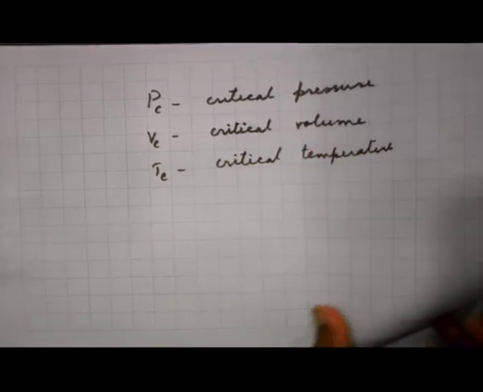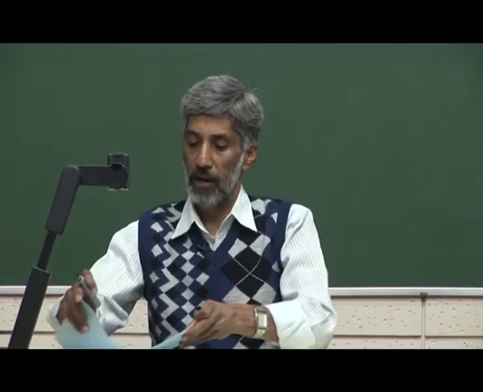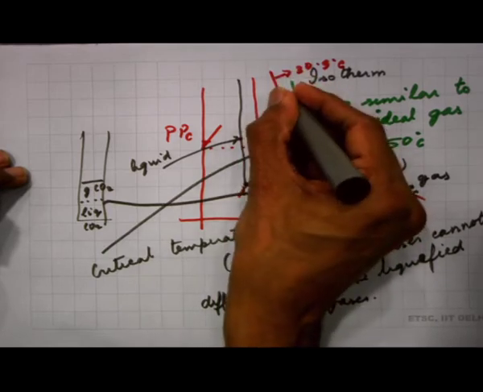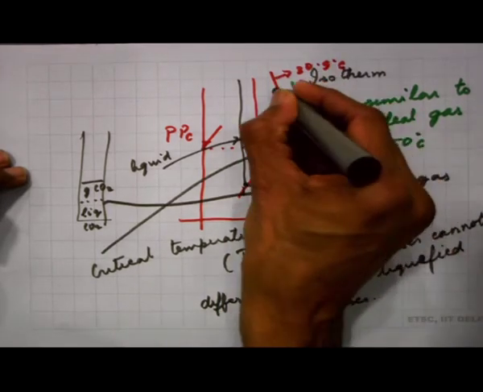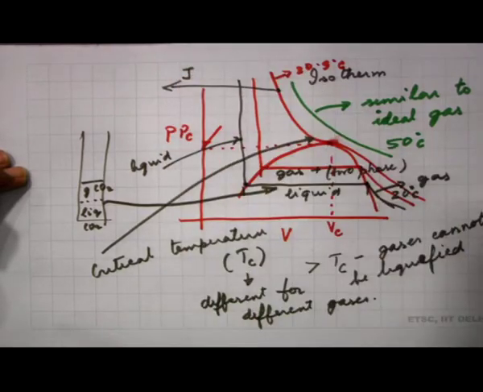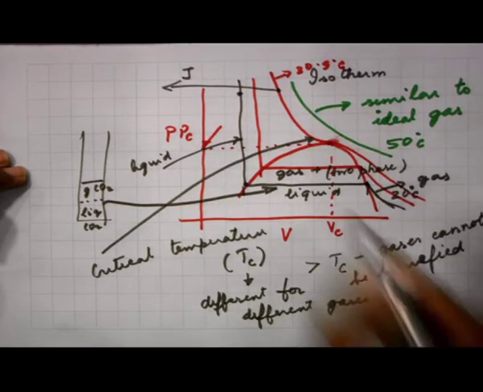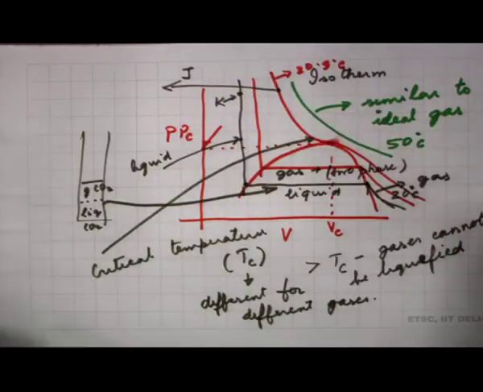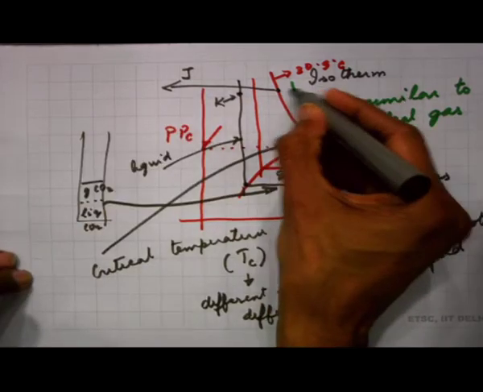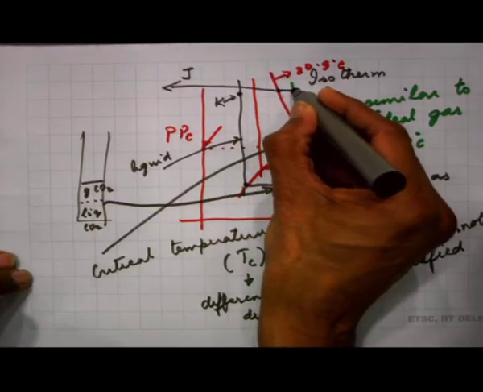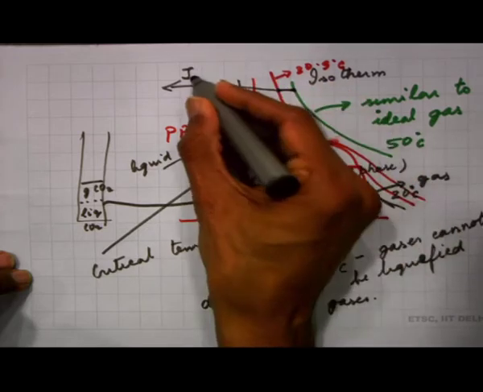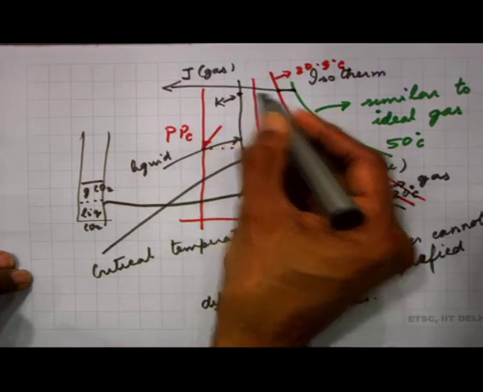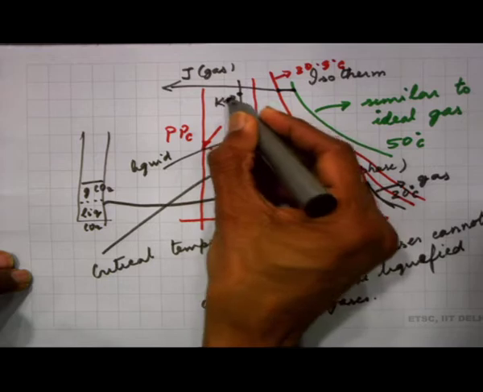Now, if you go back and look at that earlier slide that we have, you can go from this point here, call this J, to this point here K. J is gas, right. Now, this is J and it is a gas, and K is at the same pressure, this is a liquid.